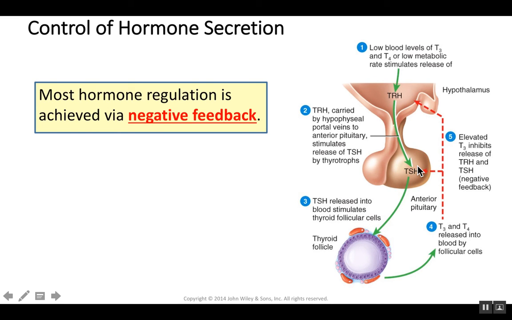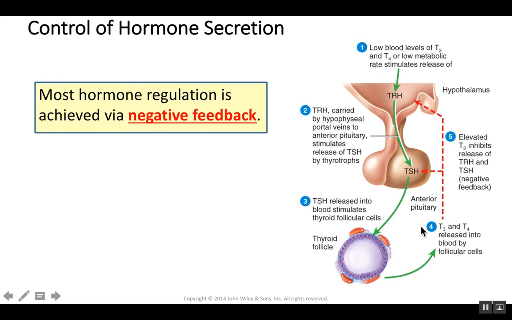We're going to revisit that a little later when we get to the thyroid. But notice if you walk through the steps, a low T3 and T4 will stimulate the hypothalamus and then the anterior pituitary to stimulate the thyroid gland to produce more T3 and T4.